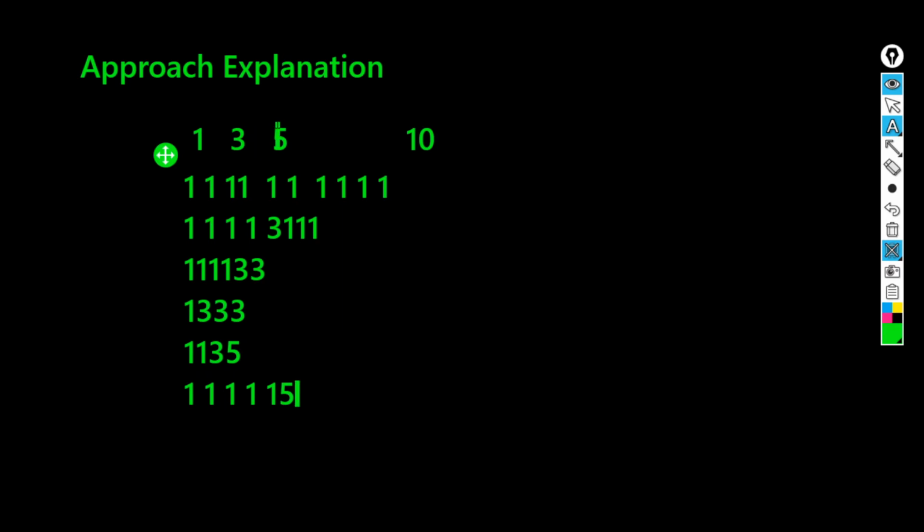Now if we remove this 5, how many combinations are there? The above combinations will remain, 1 2 3 4. Now if we remove both 3 and 5, then only one combination will remain. So if you observe, there is some continuity, and in this type of problem we use DP.